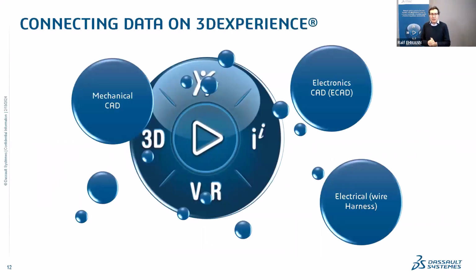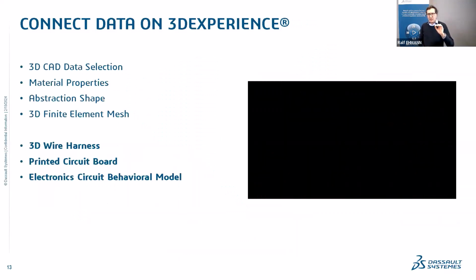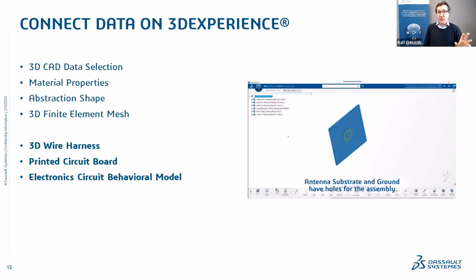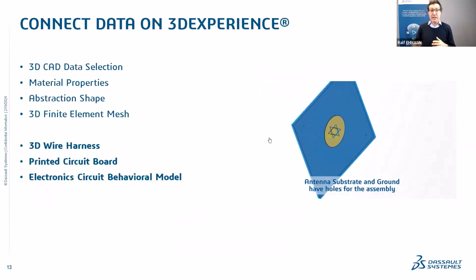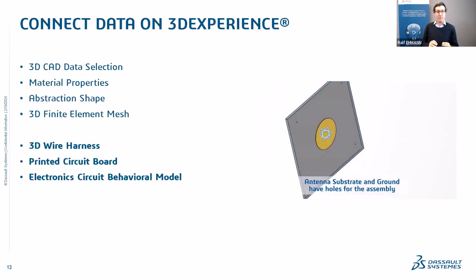We talk about the fact that modeling and simulation is a paradigm based on data-driven and model-based approaches. But what does that mean? In the next few slides, we can see how we connect the data on the 3DEXPERIENCE platform. For the mechanical data that we can select, I will give just a brief touch, because Abdelak and Monica herself will have a deep dive on how to access mechanical data.